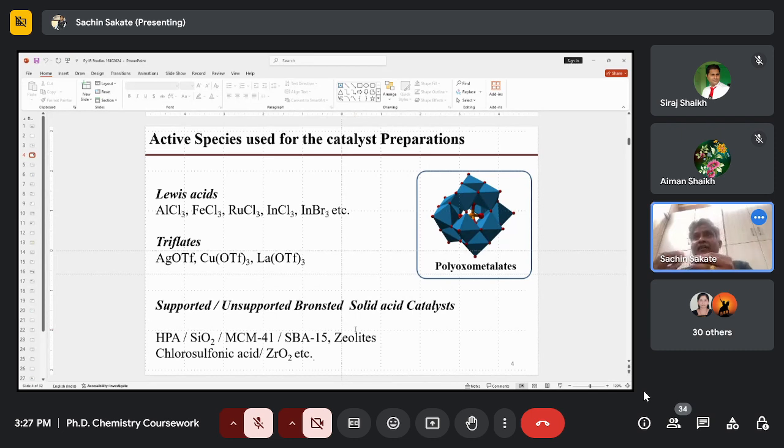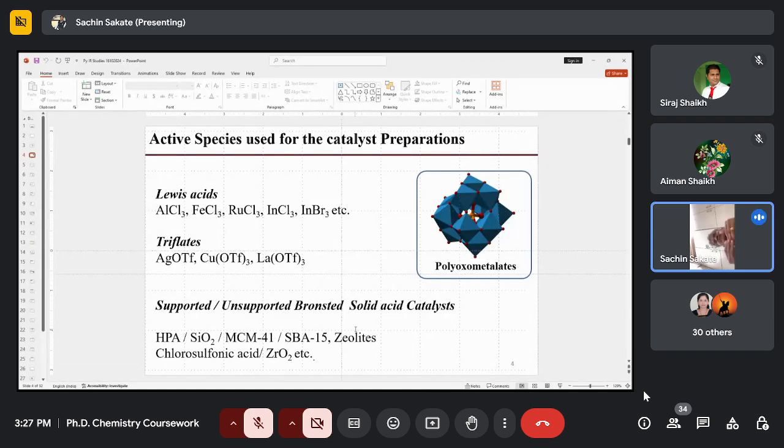But what we will see is that support synthesis is one major aspect of heterogeneous catalysis, and the active species which we are going to use for the different applications is the different aspect of heterogeneous catalysis.